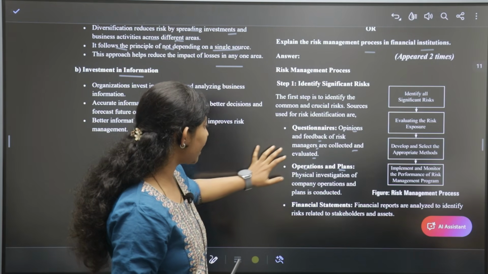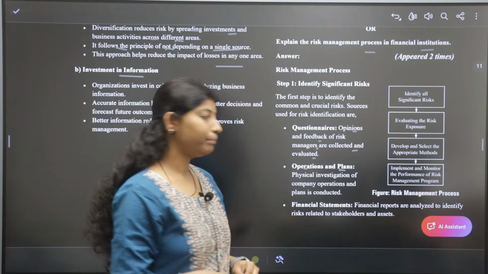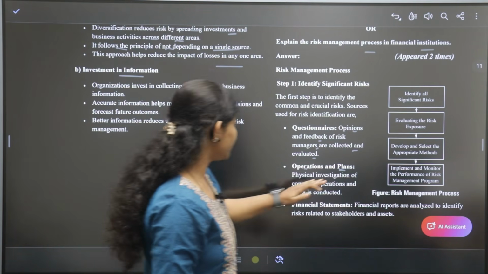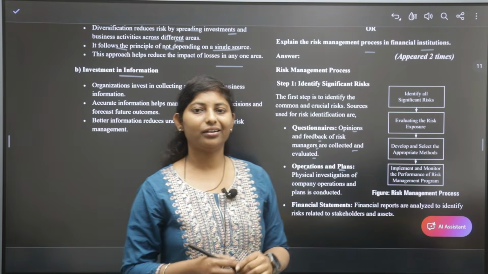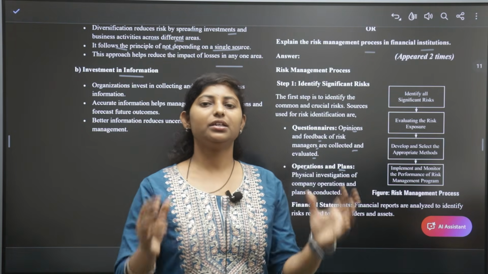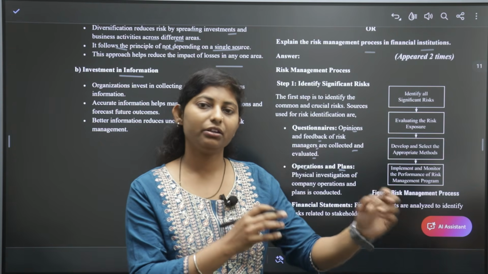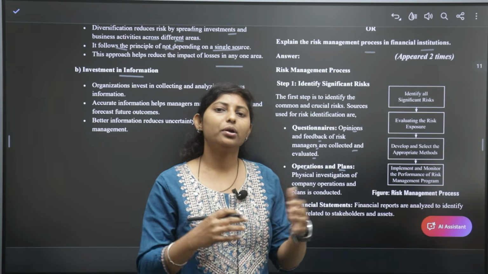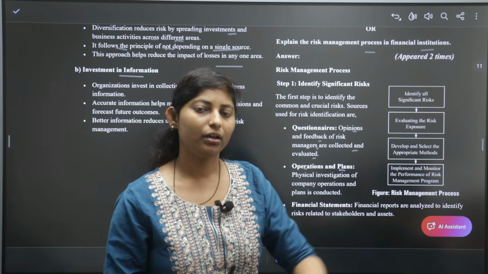The second method in identifying significant risk is operations and plans. Here, physical investigations of the company's operations and plans are conducted. We are investigating our company's plans and operations. In the investigations we get different kinds of questions and answers, which help us know about our further coming risk.